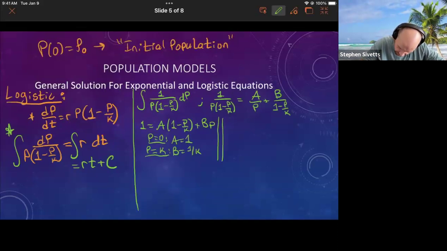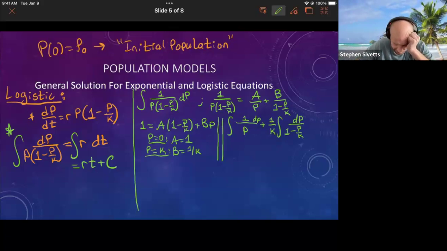Oh, shoot. This integral. One over k is a constant. So this is dp over 1 minus p over k.